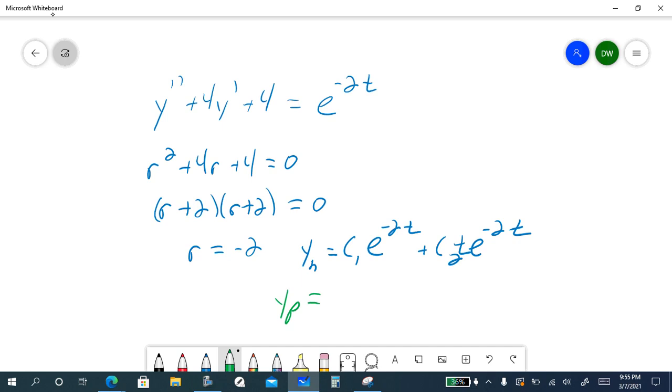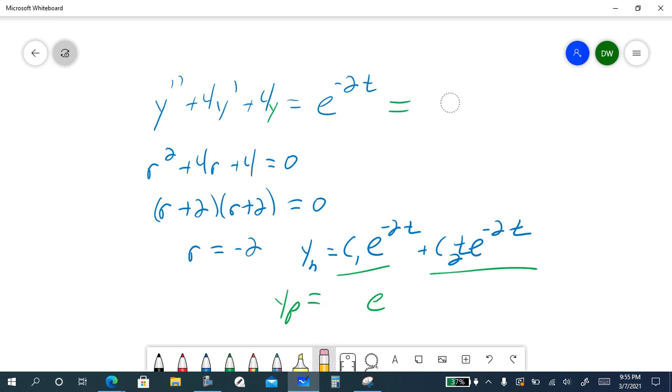Which means that for our particular solution, it can't just be e to the negative 2t or t e to the negative 2t, because each of those are solutions to the homogeneous, which means that when we take the first derivative of this and the second derivative of this and plug those into our function, and add those together, that's going to equal 0, not e to the negative 2t.